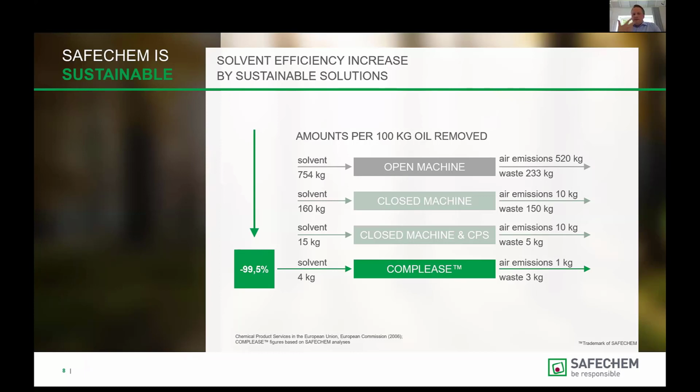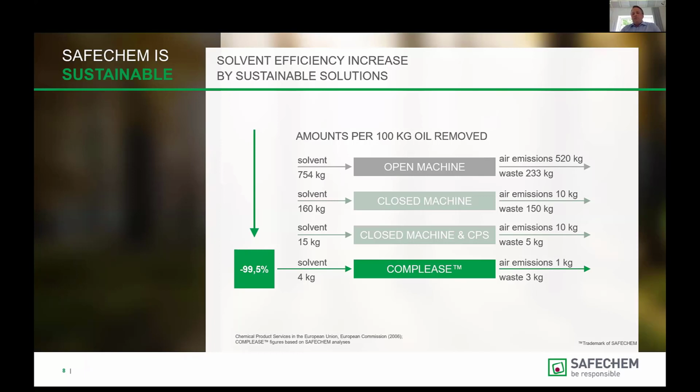Why? Because of very high air emissions and a high solvent content in the waste stream. This moved to closed equipment because of emission standards that were established. So the machines were, as I said, hermetically sealed, which brought it down to 160 kilos because the air emissions were controlled.